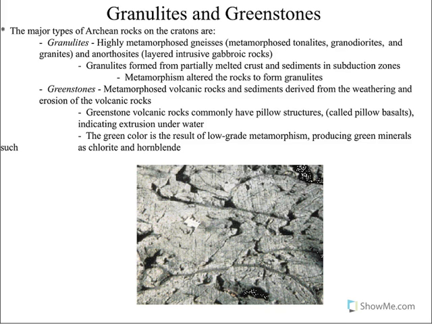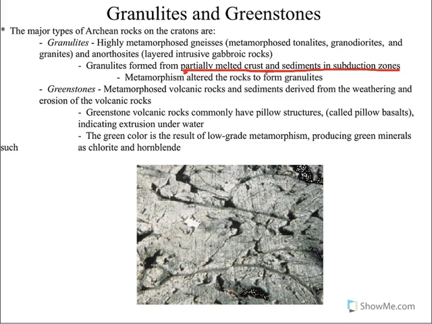Two major kinds of rocks that we see in the Archean craton are granulites and greenstones. Both of these are metamorphosed rocks. Both of these are rocks that form in subduction zones. Granulites form as we have a partially melted crust, with sediment caught up in a subduction zone.